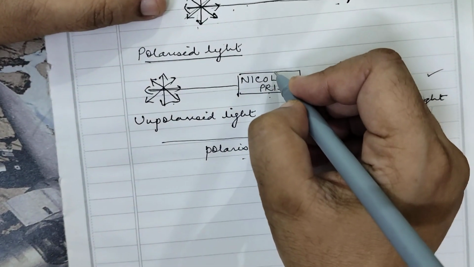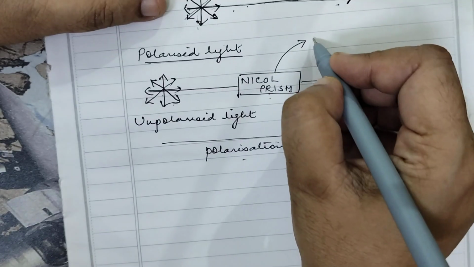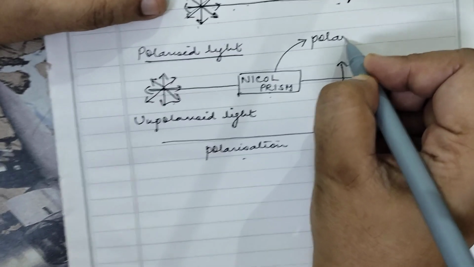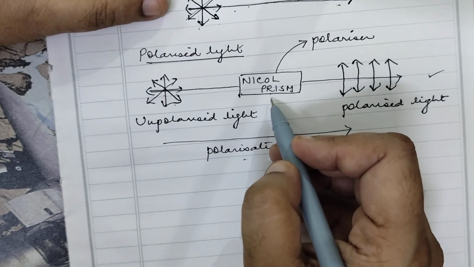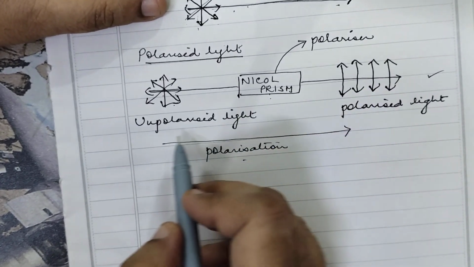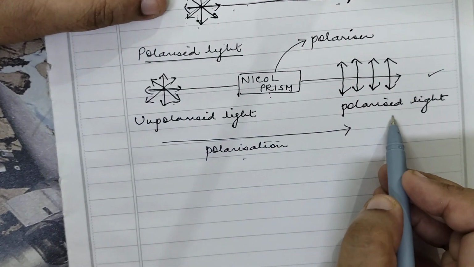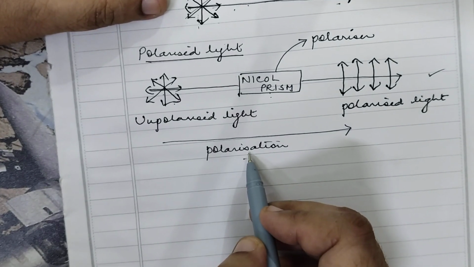And this device which is bringing about the polarization is called polarizer. That is, Nicol prism is a polarizer here, and the conversion of unpolarized to polarized light is called polarization.